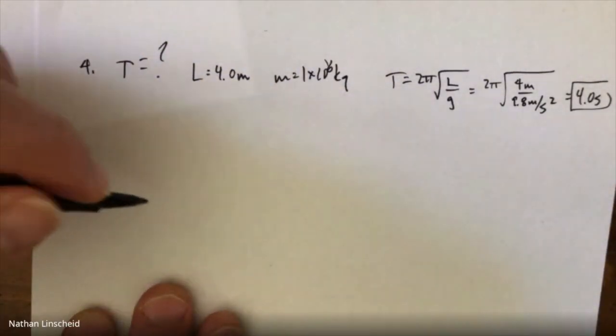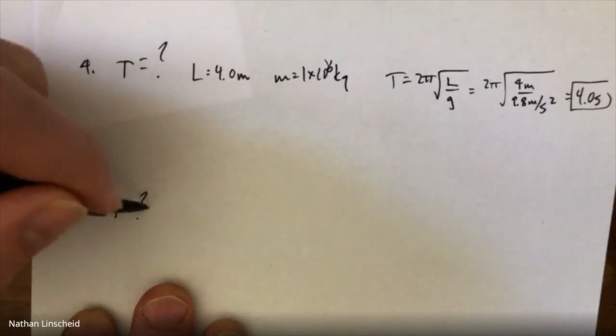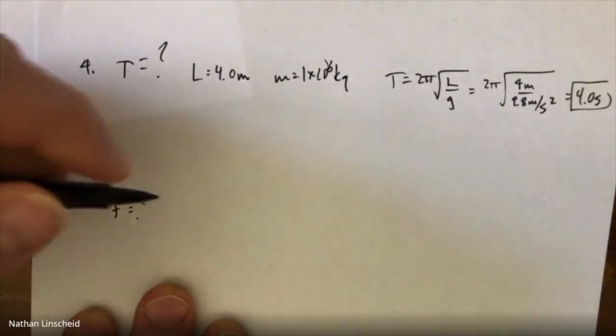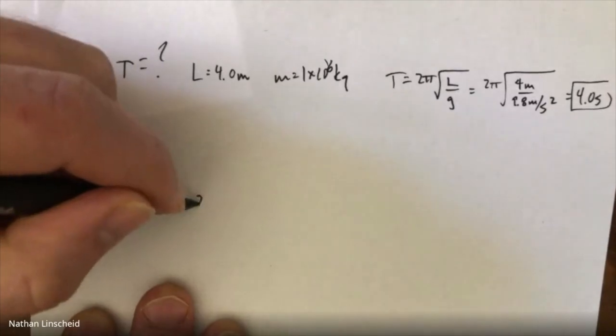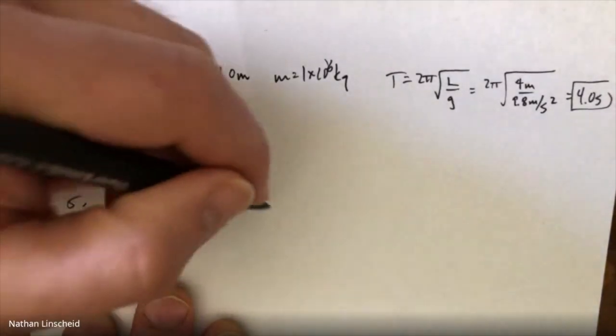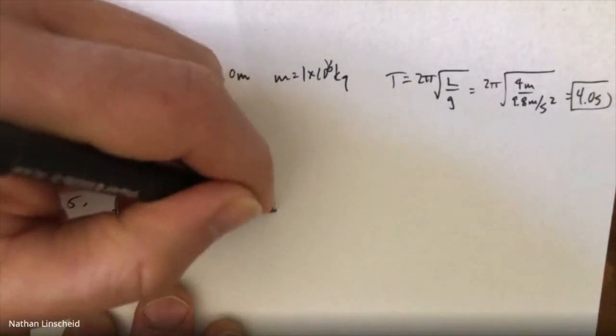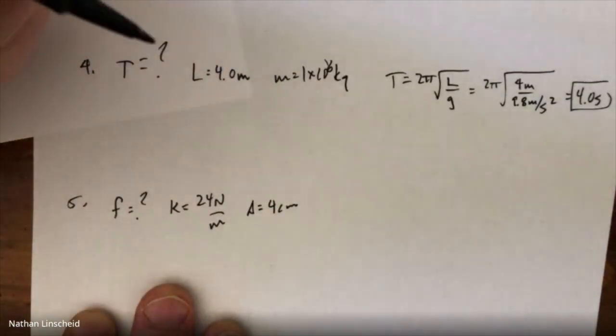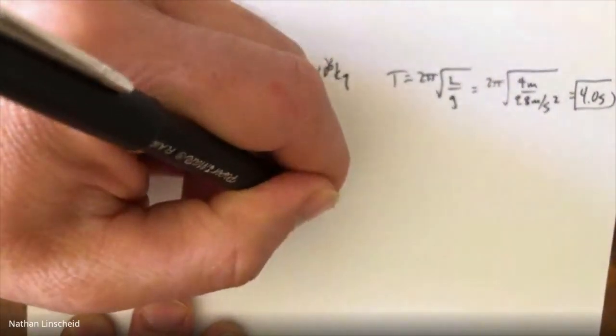We're looking for the frequency, F. Spring constant, K, is 24 newtons per meter. Amplitude is 4 centimeters. And the mass is 250 kilograms.